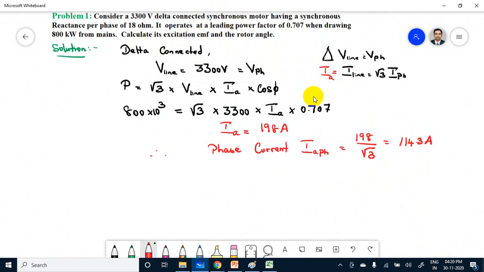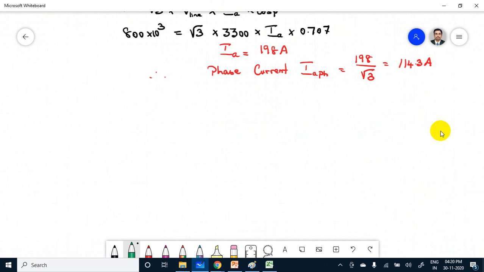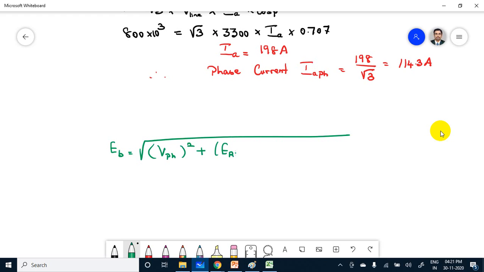What they are asking is the excitation EMF. Since the machine is at leading power factor, the formula you are already familiar with is EB equals square root of V phase square plus ER phase square minus 2 into V phase into ER phase into cos of theta plus phi.